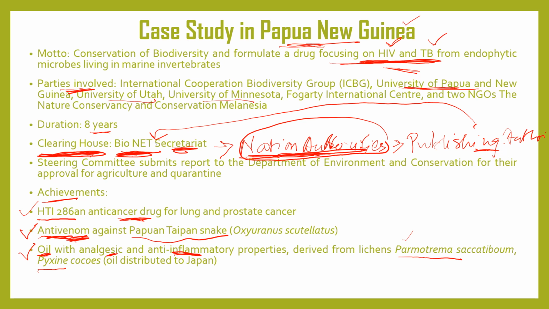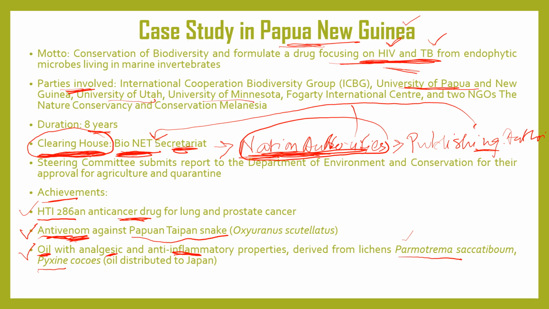So this is how it works. First you get information from the clearinghouse, and then you contact the national authorities, and the national authorities will in turn contact the community level people who will be responsible for sharing the information.